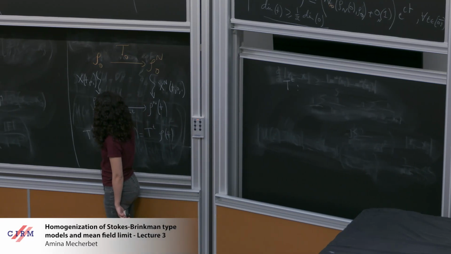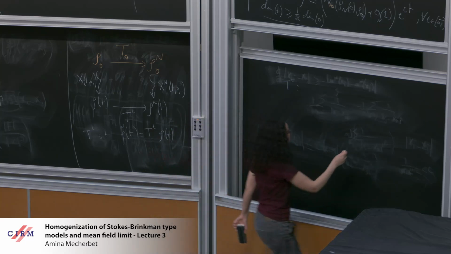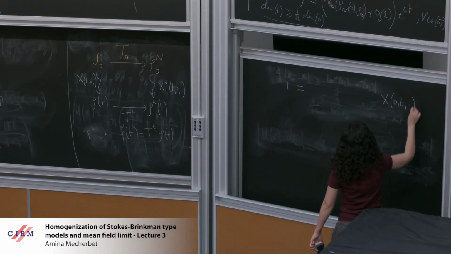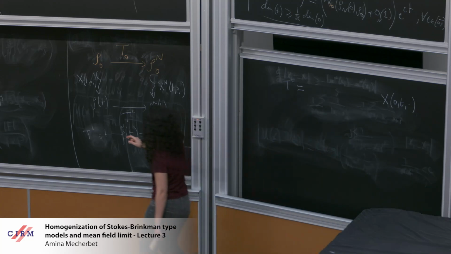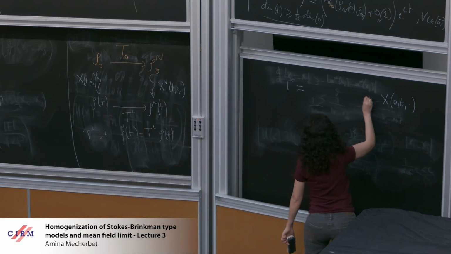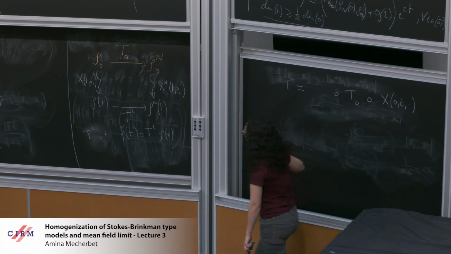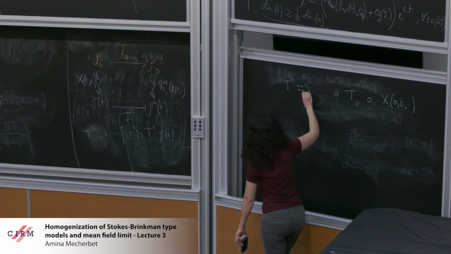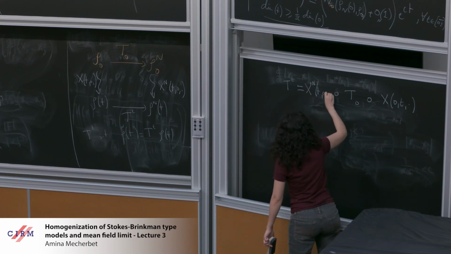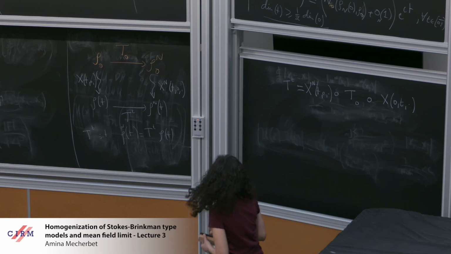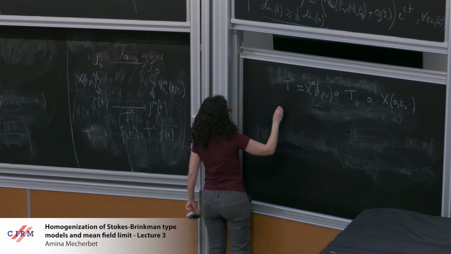You go back to time 0 first, so I reverse the characteristic flow. Then I go from rho 0 to rho n 0. And then I just go back to time t. Okay. So like this, we construct a transport map.